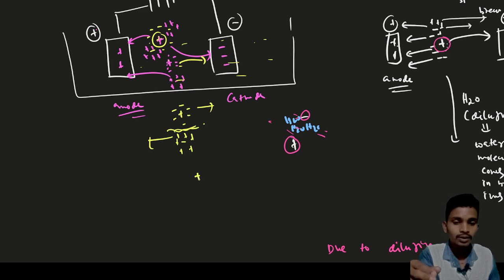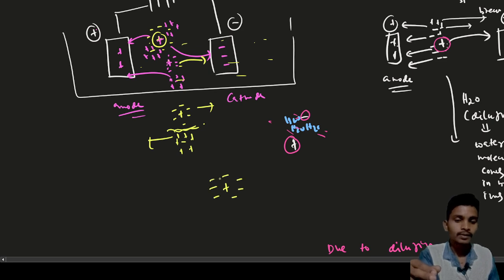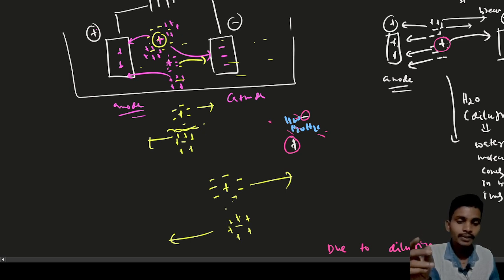Then the positive and negative get attracted, so they have some hindrance. So due to hindrance, the effect comes, that is called the electrophoretic effect.